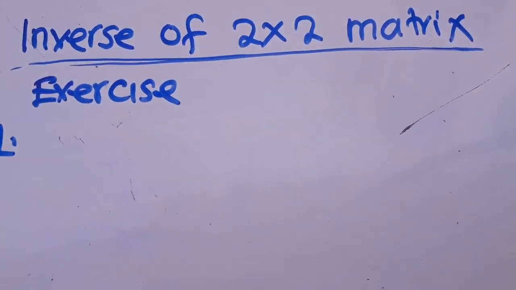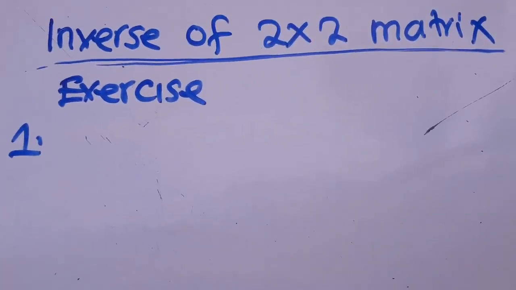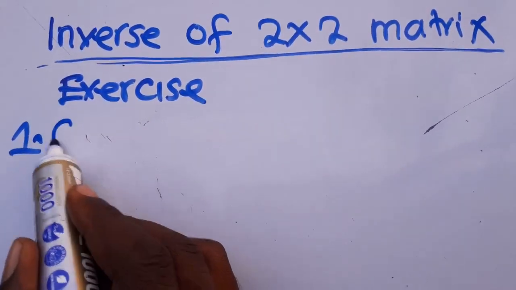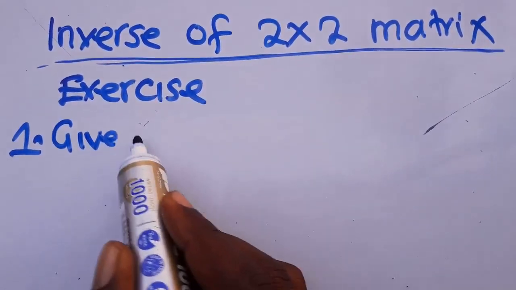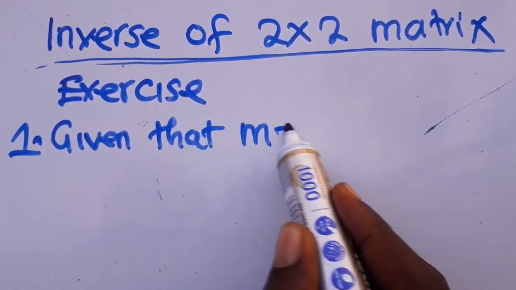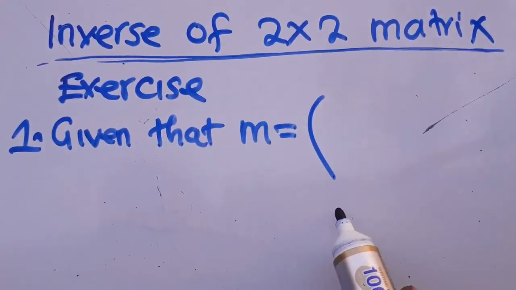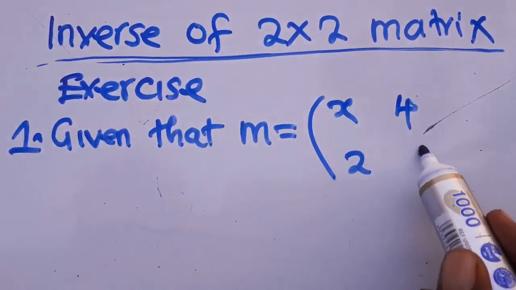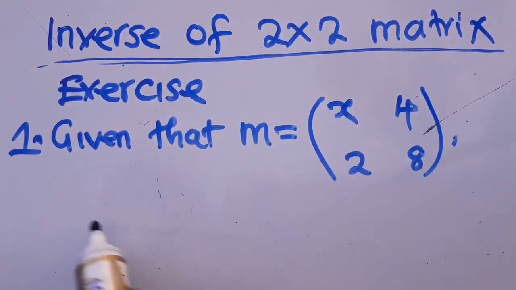Question 1. So even as I write, you also write. Given that M is equal to the matrix with x, 2, 4, 8, like this.